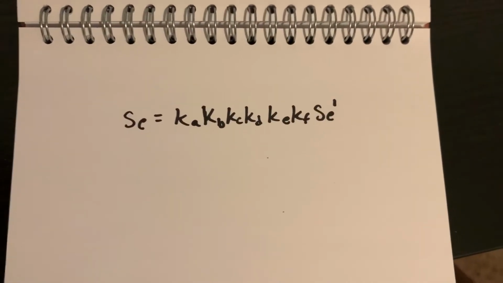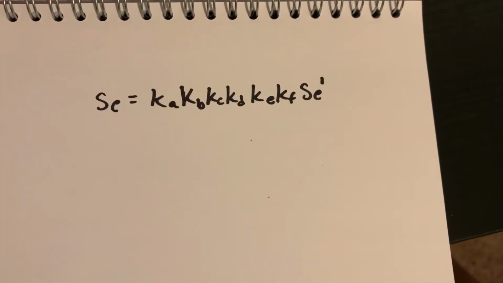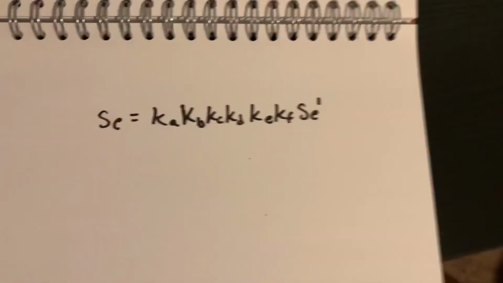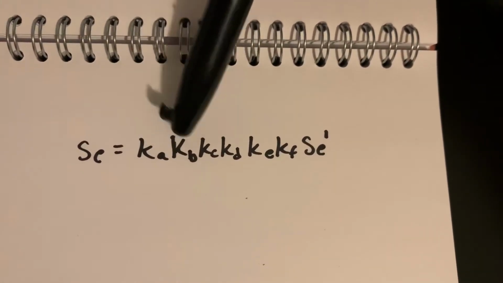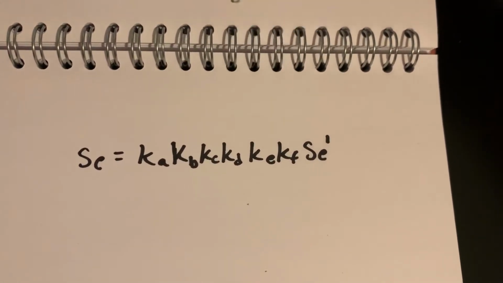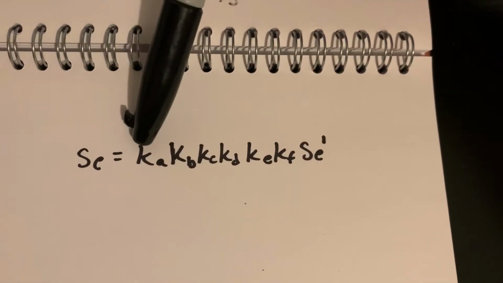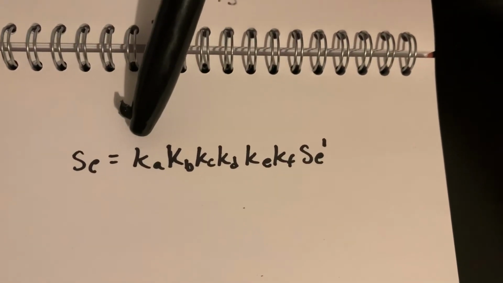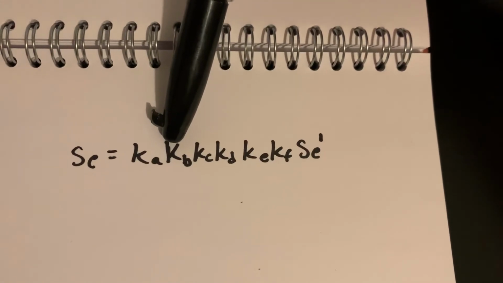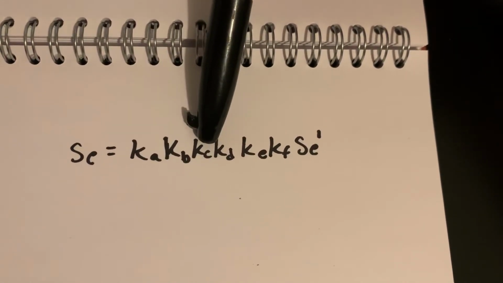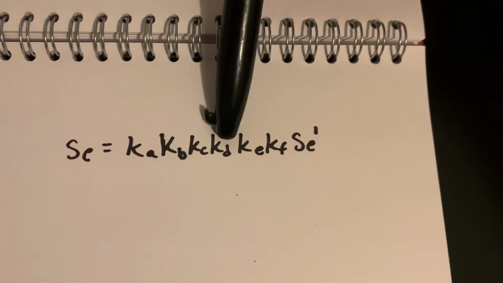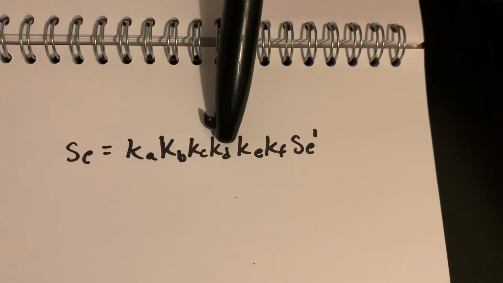Now the S sub E mentioned previously is our endurance limit, and it's a real big long equation, just a bunch of different factors multiplied by each other. K sub A is our surface condition modification factor. K sub B is our size modification factor. K sub C is our load modification factor. K sub D is our temperature modification factor.